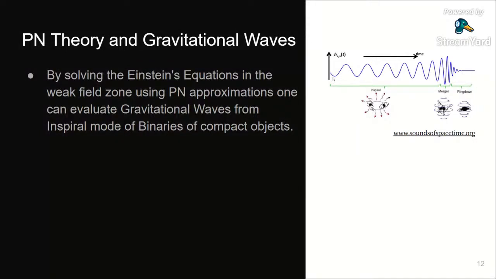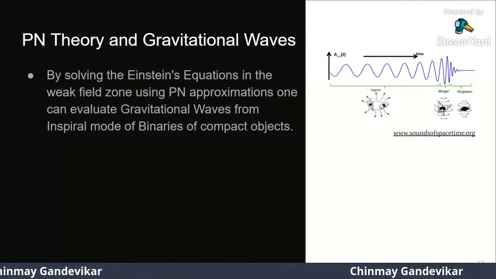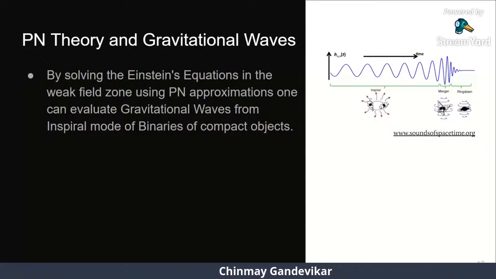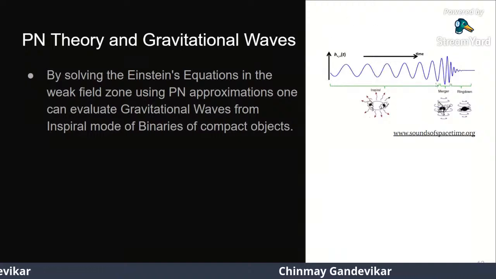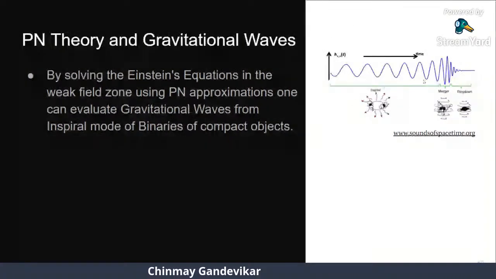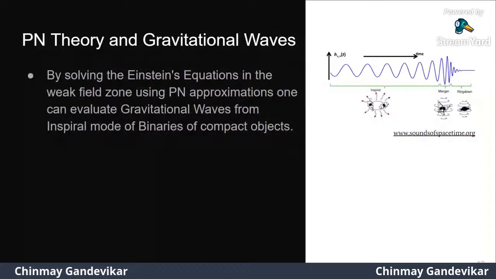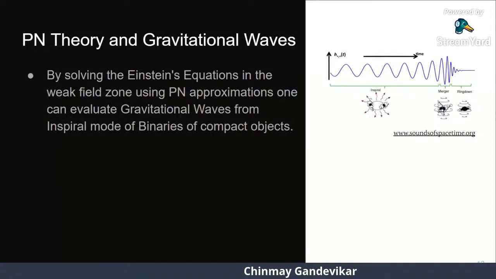And that strain looks something like this. This is the time axis, and the vertical axis is the strain. So the strain is sinusoidal for a while, and then the amplitude of the strain increases while the frequency decreases, and later it dies out. This particular wave that we see over here is a template of two very compact bodies spinning around each other.